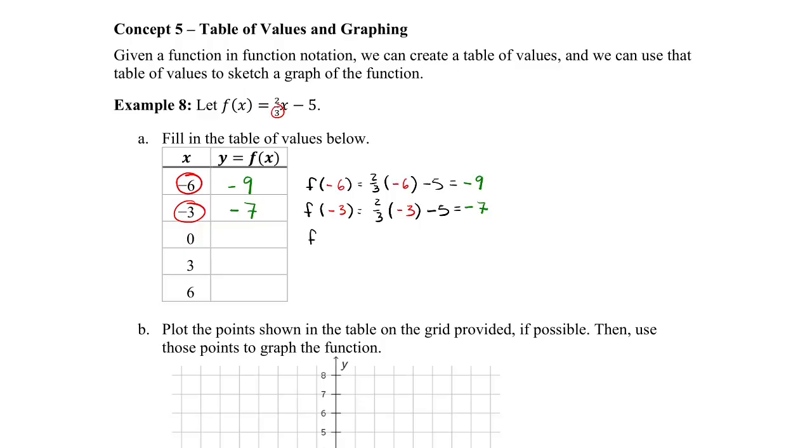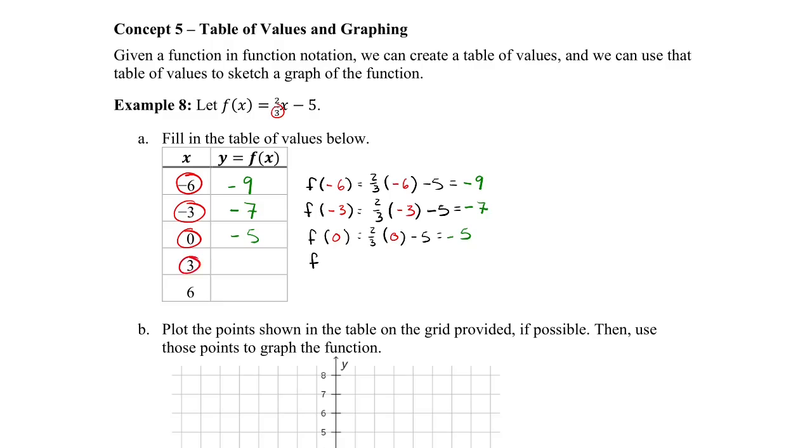What about 0? When x is 0, we'll take f of 0, which is 2/3 times 0 minus 5, which works out to -5. Input 0 gives output -5.